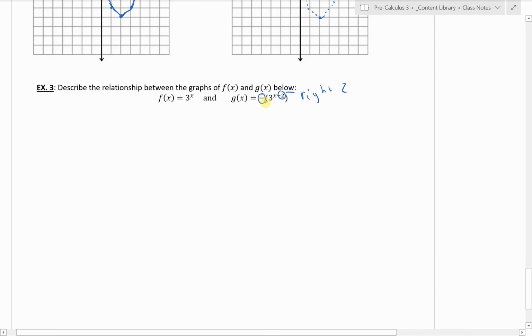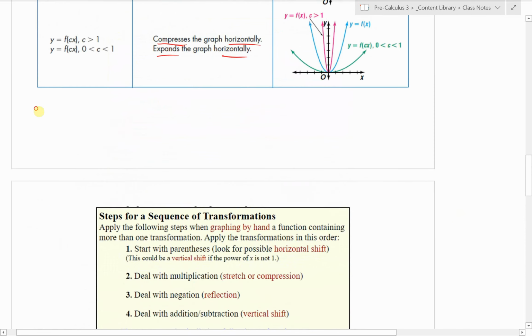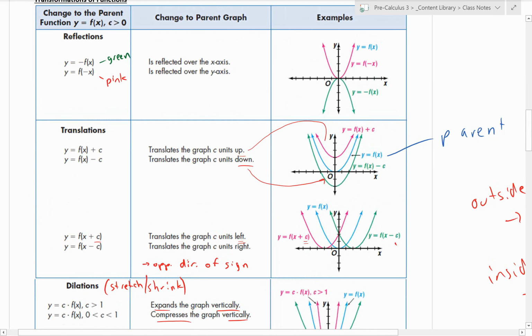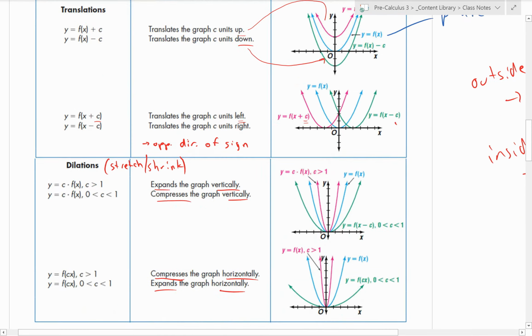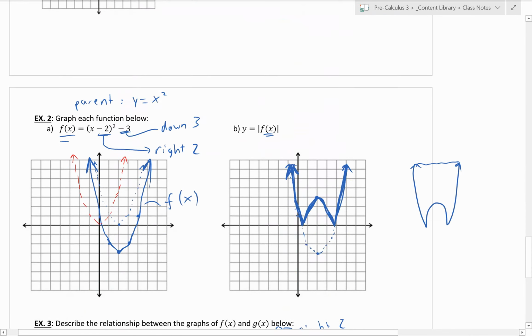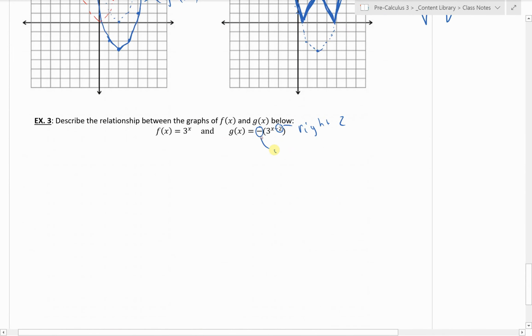Then we negated outside of the function. So let's look at that real quick back in our rules. If we negate outside of the function, that's a reflection over the x-axis. So this means reflect over the x-axis. Right?